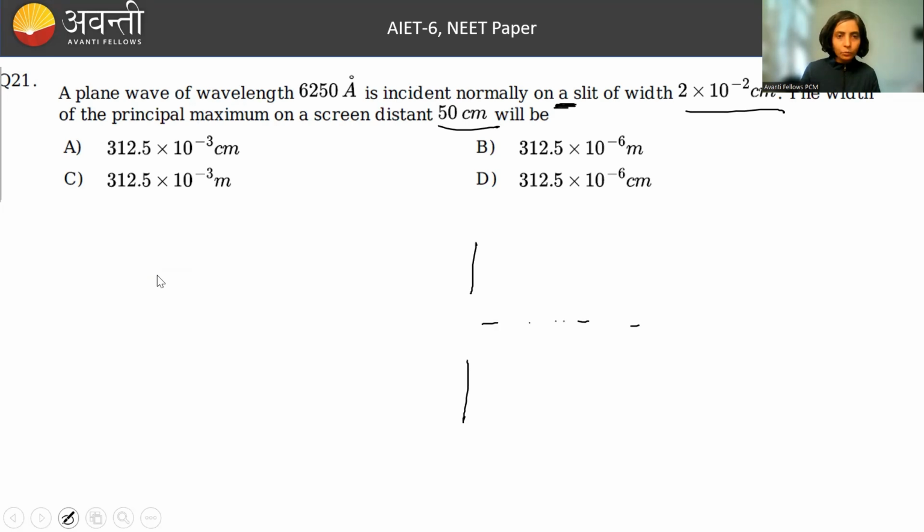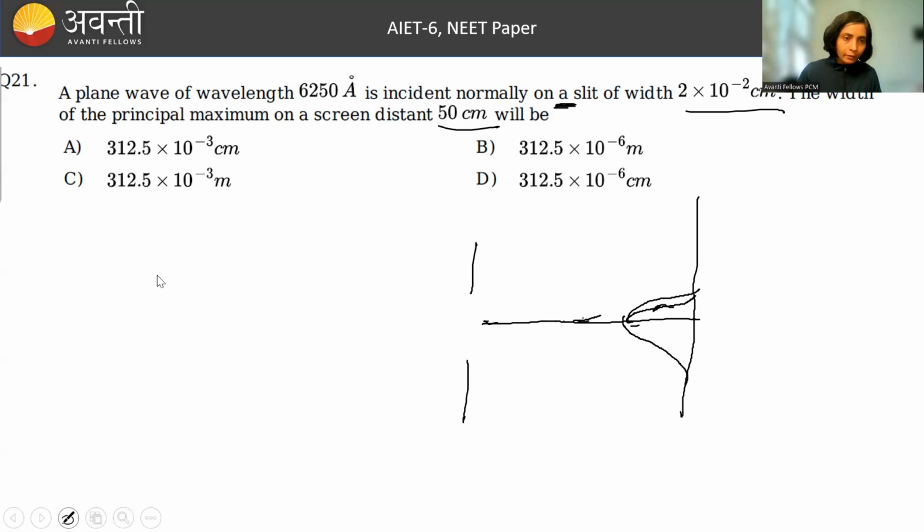And in diffraction, we know what happens? Central maxima will be there, and this central maxima will have a certain width. I'm weak at diagram, but I will draw it for you. So this is the width of central maxima.